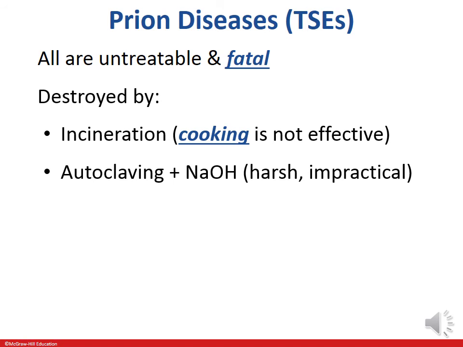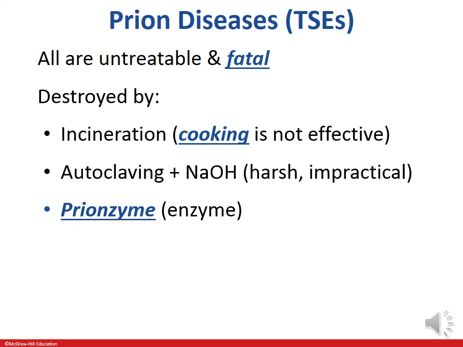So you can put it in an autoclave, but you have to add sodium hydroxide, which is a very powerful base. And so it's very impractical. Most things that might need to be autoclaved in the hospital couldn't sustain that exposure. You can't necessarily autoclave an entire surgical ward, so it becomes a real problem in medicine because we can't get rid of them if they've been introduced into a hospital setting.